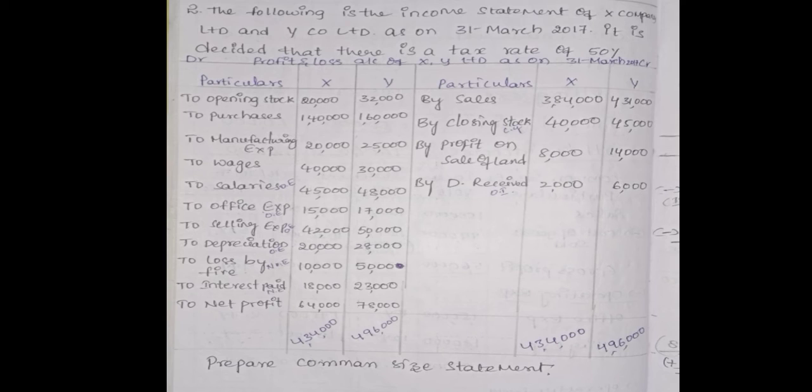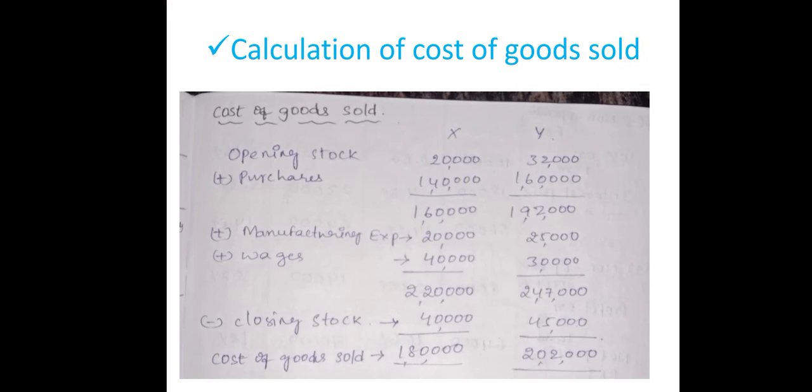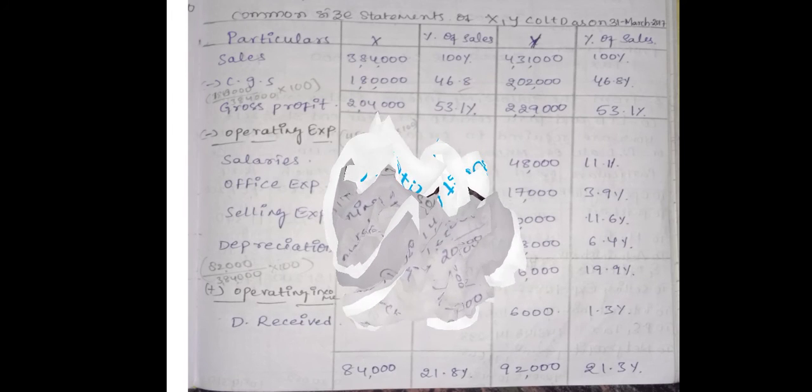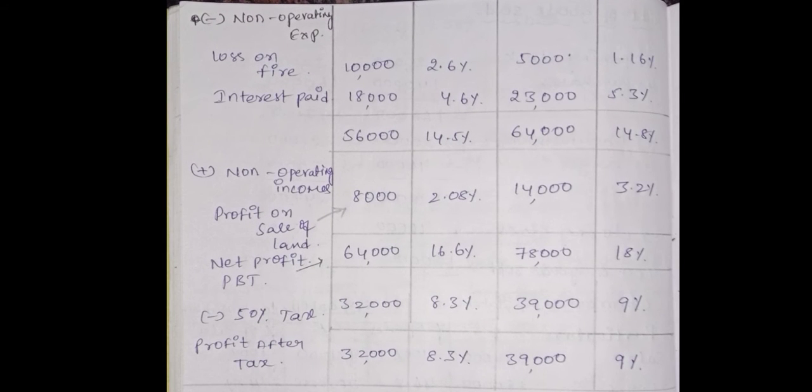It is decided that the tax rate is 50%. We already had the net profit, so 50% of the profit we need to pay as tax to the government.